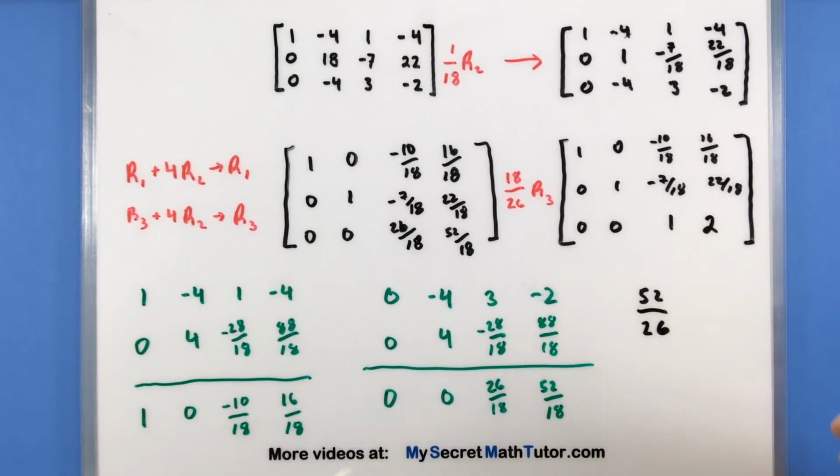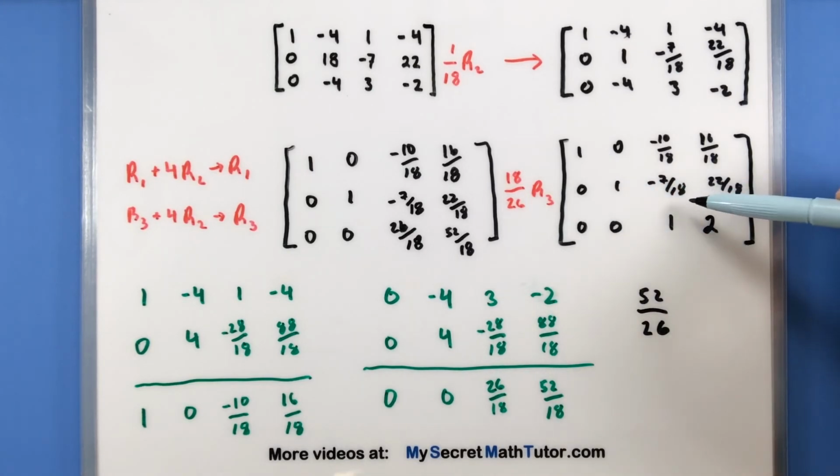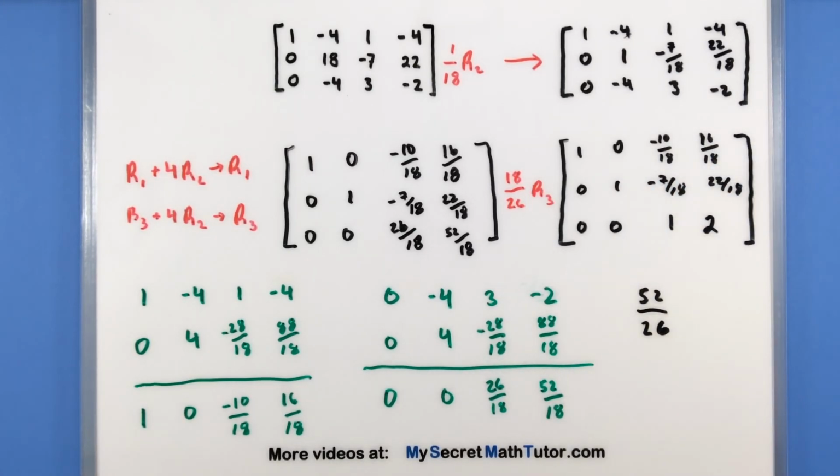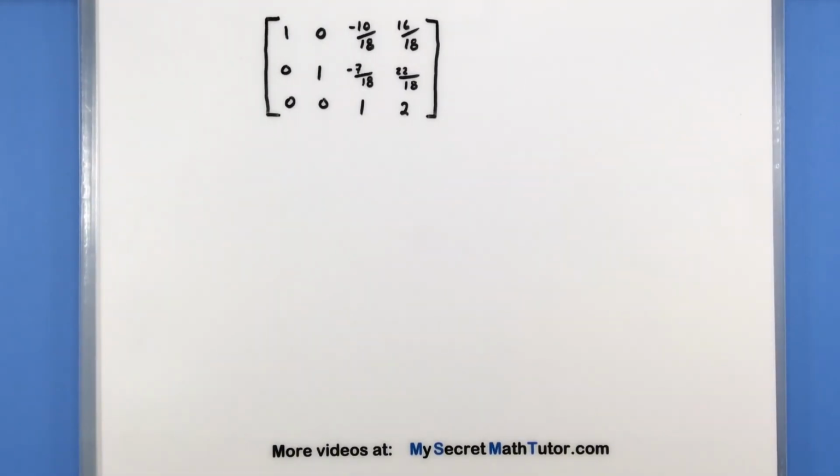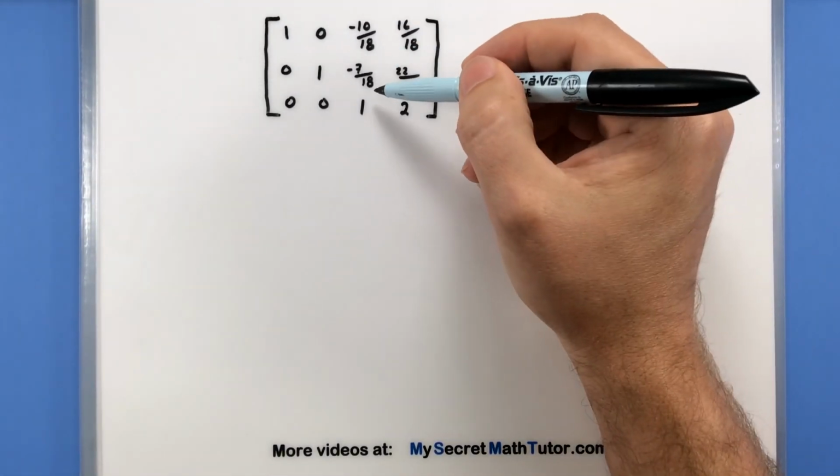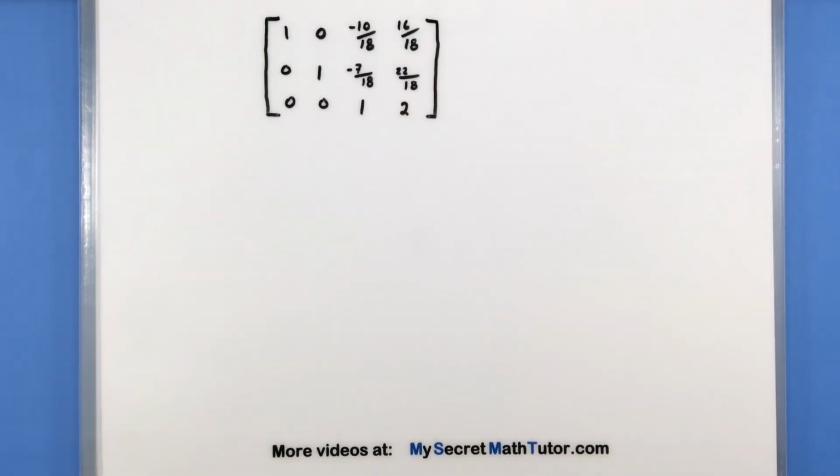All right, so it is getting a little bit nicer. Now I have 1s along the diagonal. Time to get some 0s above that 1. Again, more space, but we're almost home free. So how can we get the 0s above the 1? Well, we need to do that process of replacing, and then I think we'll be okay.